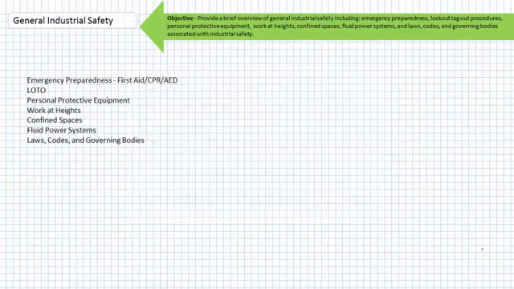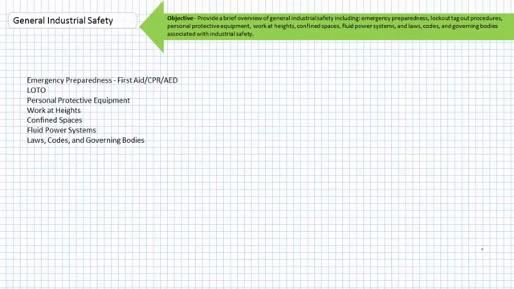OSHA inspectors regularly inspect workplaces to make sure prescribed safety regulations are being followed. OSHA offers several different levels of safety training for several different industries, including general industry, construction, maritime, and disaster sites.